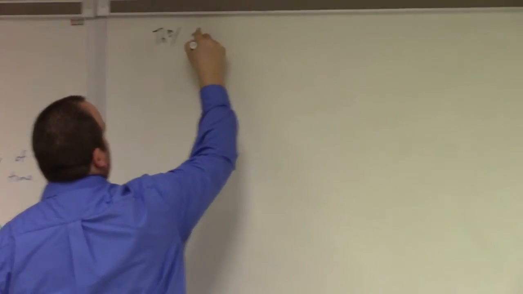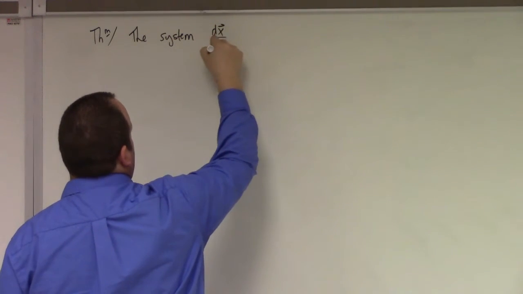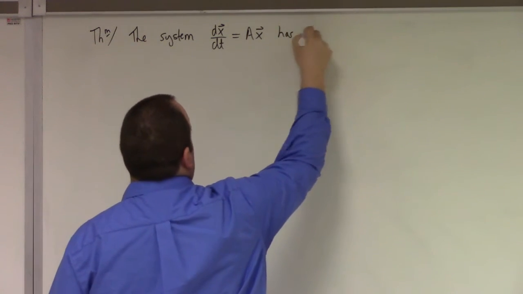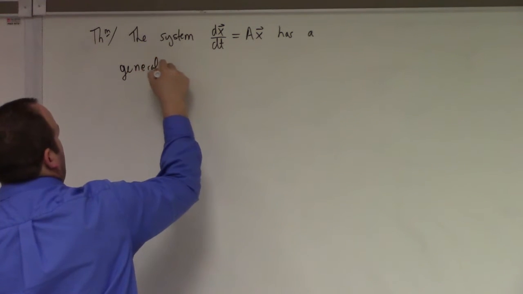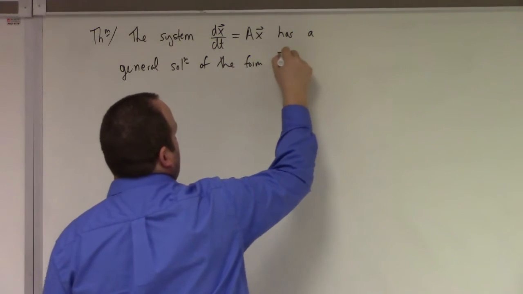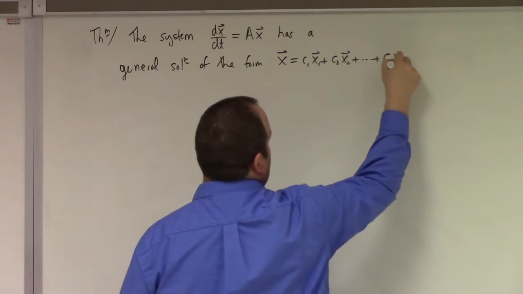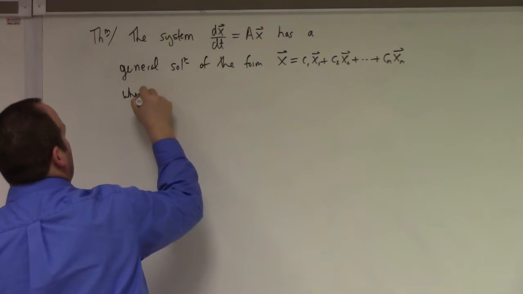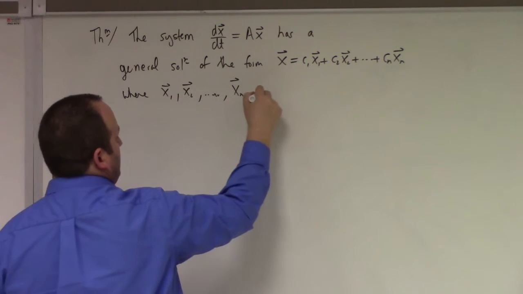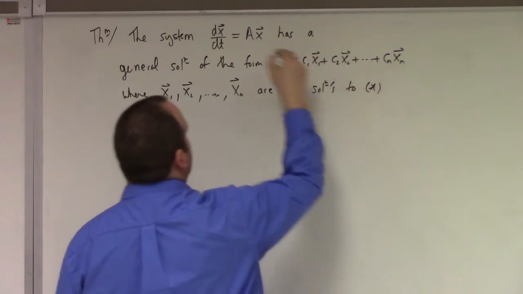It says the system, and I'll give a specialized theorem, but the theorem is basically this: dx dt equals Ax has a general solution of the form x is equal to c1 x1 plus c2 x2 plus dot dot dot plus cn xn, where these x1, x2, dot dot dot xn are linearly independent solutions to star. We'll call this thing star.